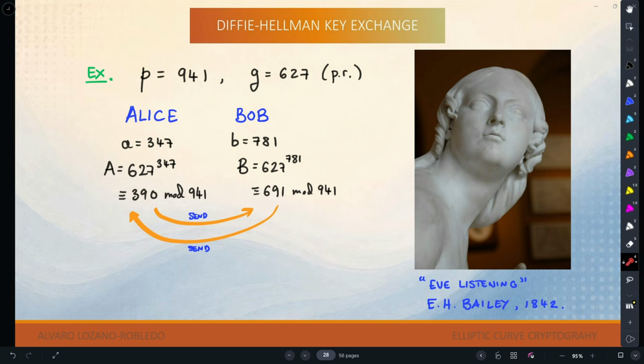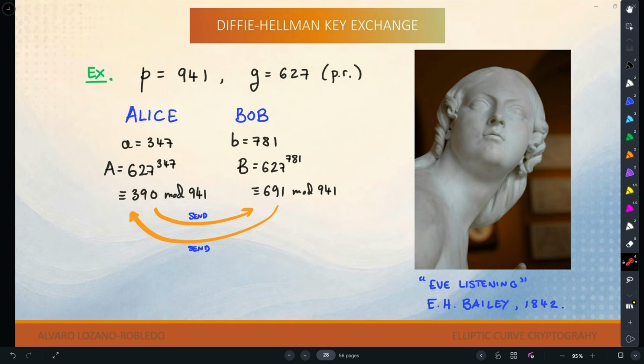So in here, Eve knows P and knows G, will know A, because that is being sent in a public channel, and will know B. And you have to assume that everything that is transmitted is perfectly readable by anyone, right?